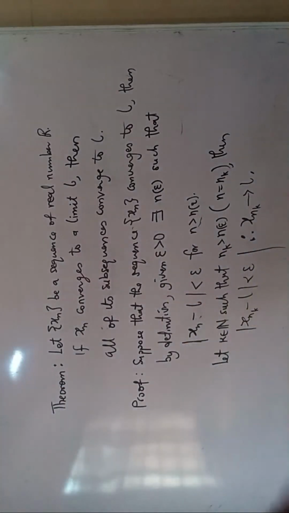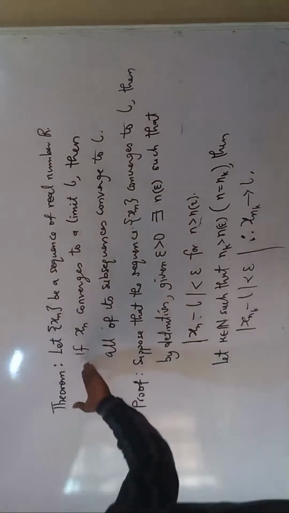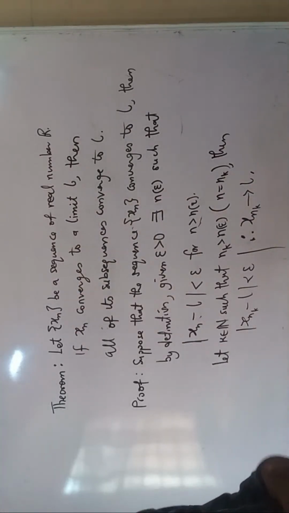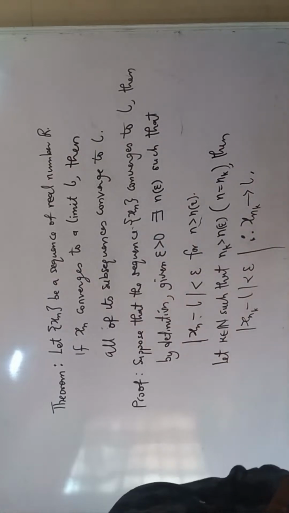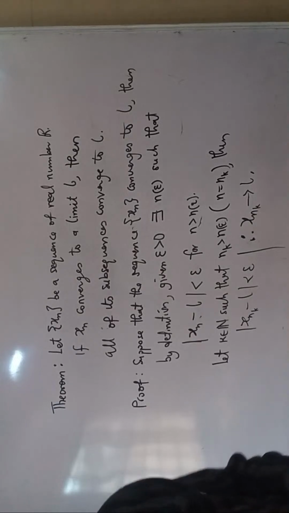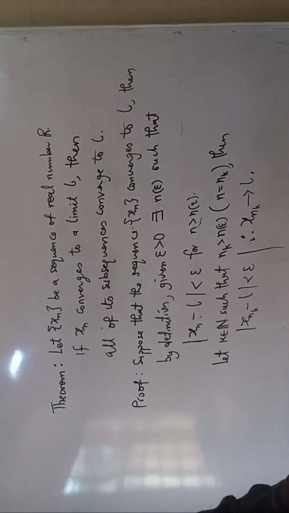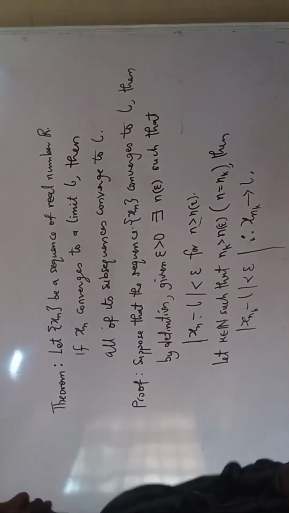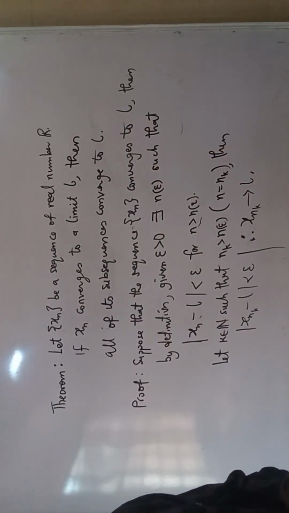So the proof is straightforward as we have it here. We first assume that the sequence converges to a limit l, and then we consider its subsequence xnk, and we replace n with nk, and by that the proof follows. So that is that on the theorem.